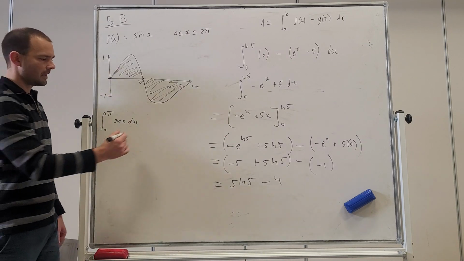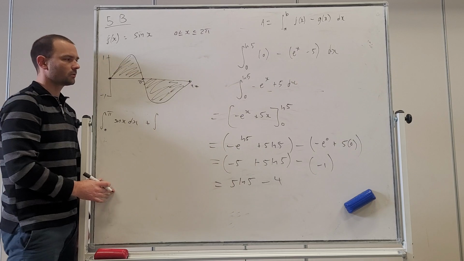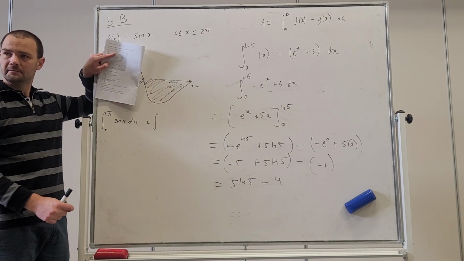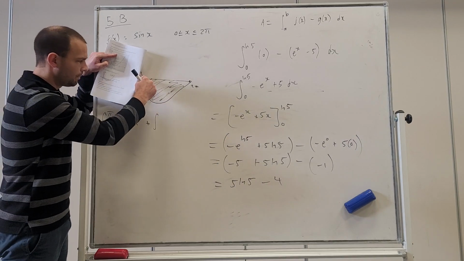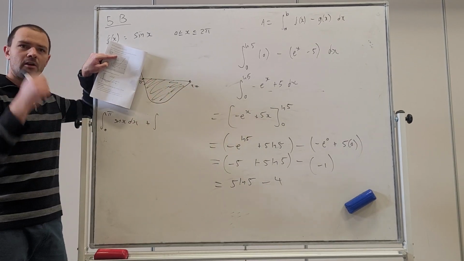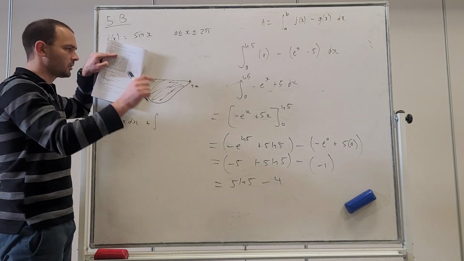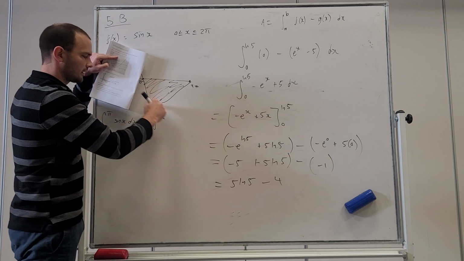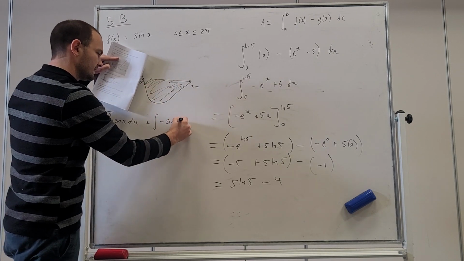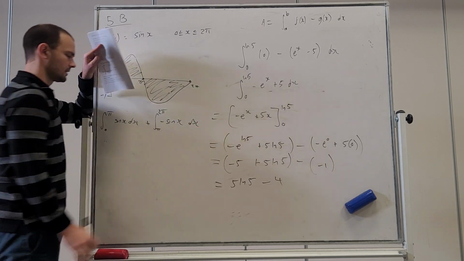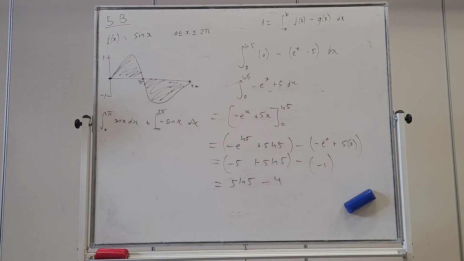If we want the bottom area, we're going to have plus the integral of the negative of sine x, because it's below the x-axis. Remember, when area is below the x-axis, we have to make it the negative of the function, because it's the line y equals 0 take away the function: plus the integral of negative sine x from pi to 2 pi with regards to x. So that's one way that we can find this area.